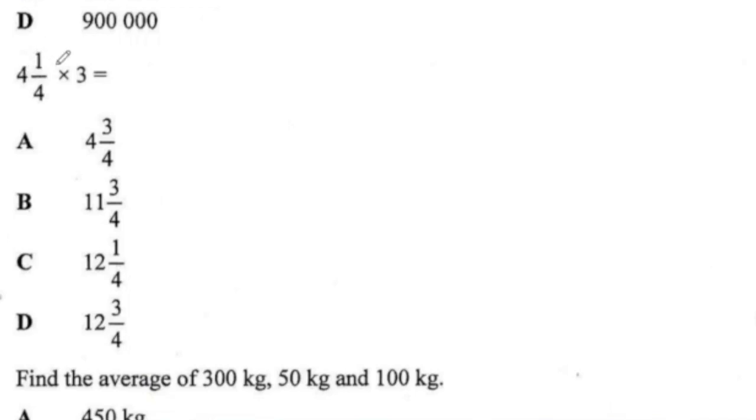Now we have this question, which is we want to multiply this. So what we're going to do first is change this to an improper fraction. We multiply this by this, which gives us 16. 16 plus 1 will be 17. So we're going to have 17 over 4 times 3.